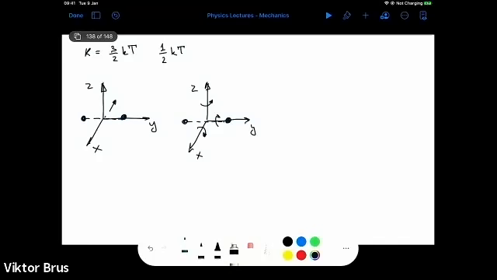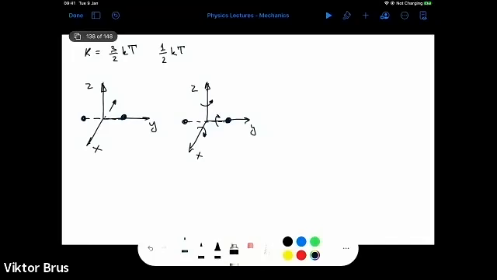Since we consider that the size of atoms is negligibly small, and we deal with some point masses, then moment of inertia for this system about axis y will be equal to 0, because we neglect the size of molecules.